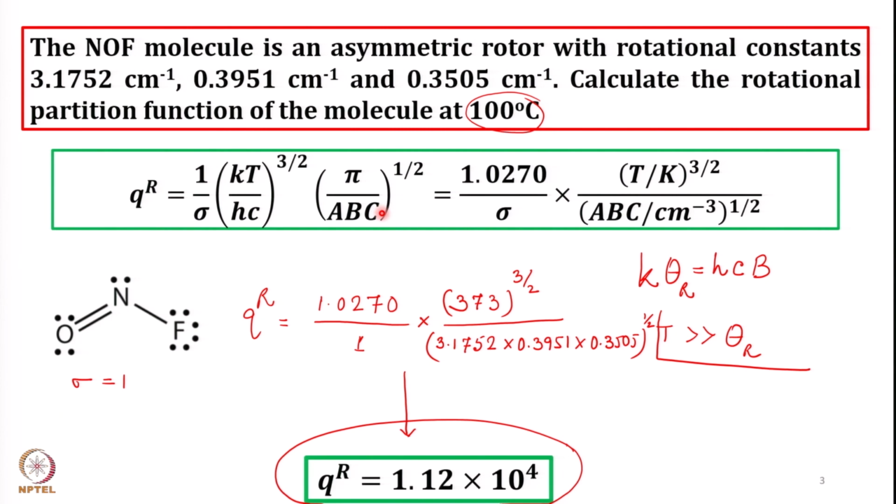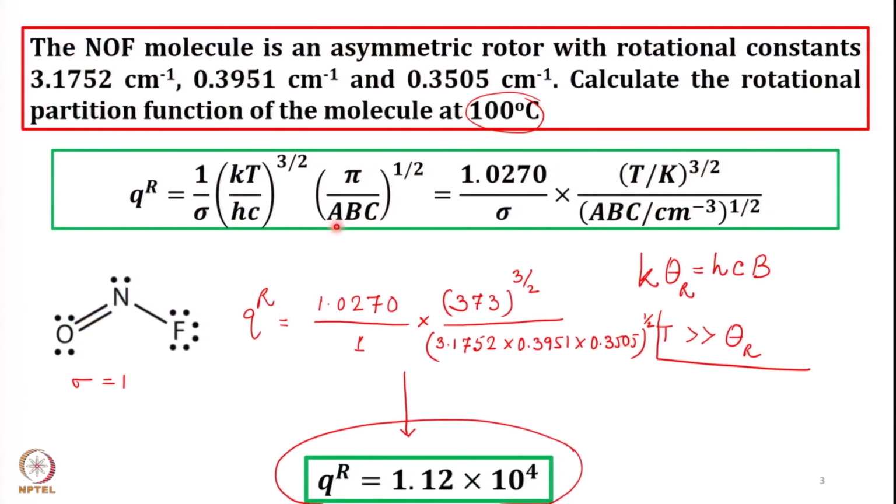So the higher the value of mass, then the higher will be the value of moment of inertia, and since moment of inertia comes in the denominator for ABC, so higher value of moment of inertia will lower the value of A, B or C, and if A and B and C are low, the value of QR is going to be high. The previous example, in the previous lecture, we talked about oxygen.